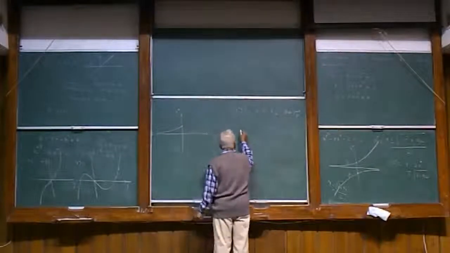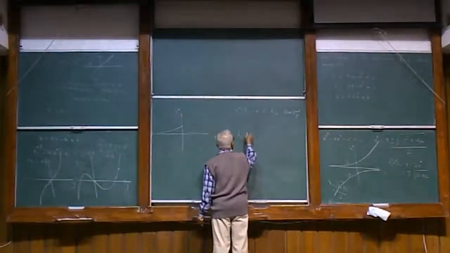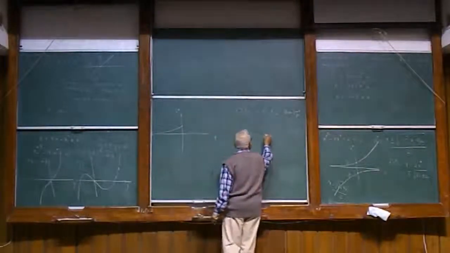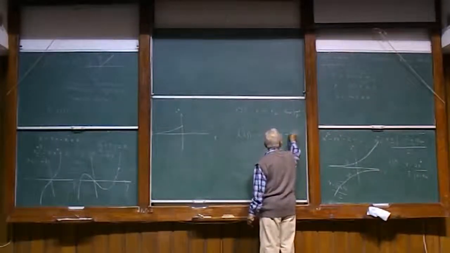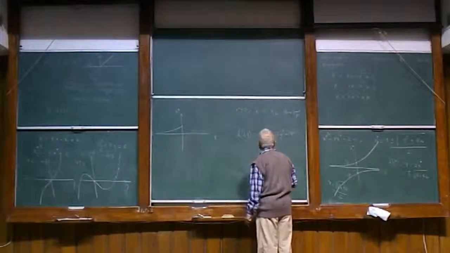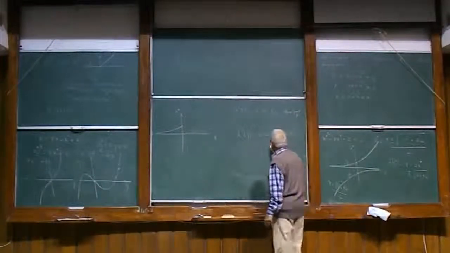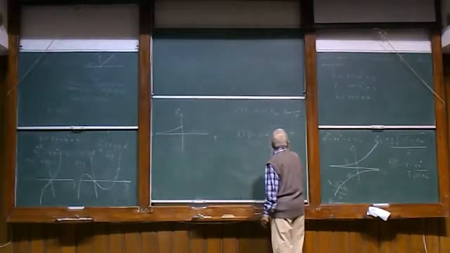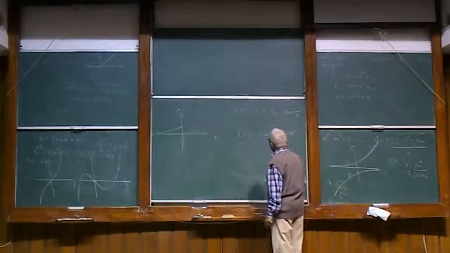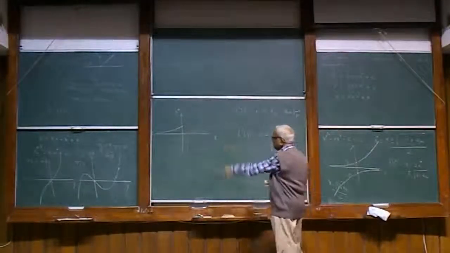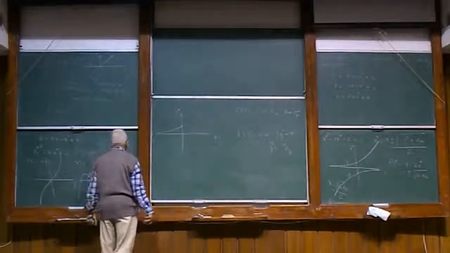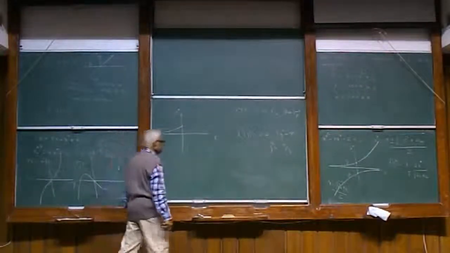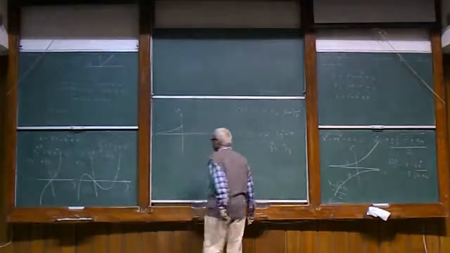So f prime of y equal to 0 gives 3y squared minus r. So that's the condition that y squared is equal to r by 3. That's the condition for having that maximum over there.